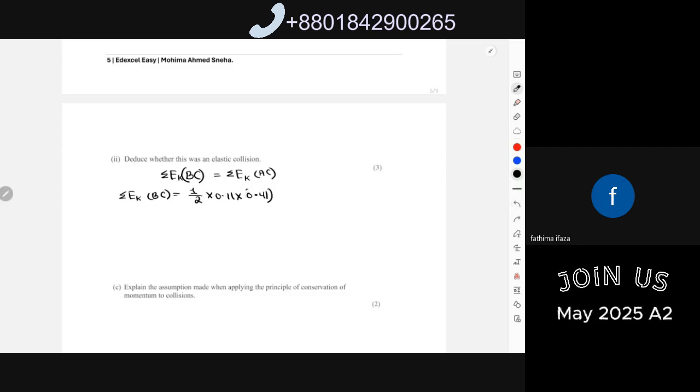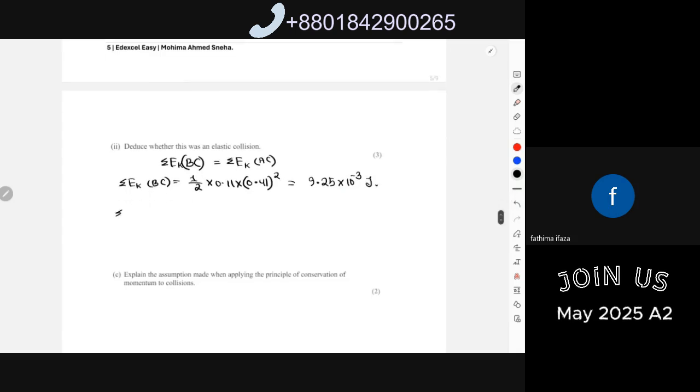The second particle does not have any velocity, so it won't have any kinetic energy too. So this is going to be 9.25 times 10 to the power of negative 3 joules.